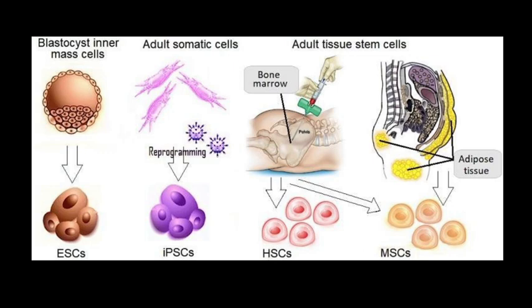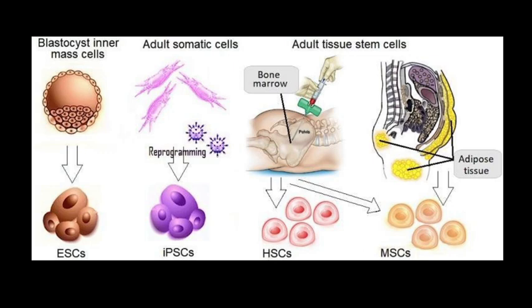And coming to the iPSC. iPSC is nothing but induced pluripotent stem cell. In this case, normal somatic cells are taken and reprogrammed with the Yamanaka factors. Later they are converted into stem cells. This is what is called induced pluripotent stem cell.